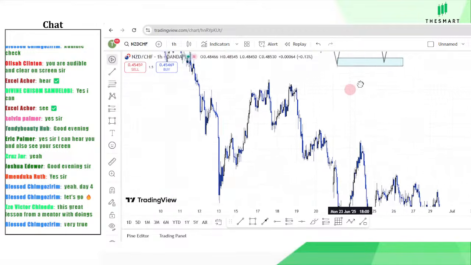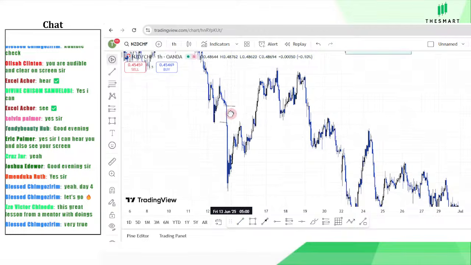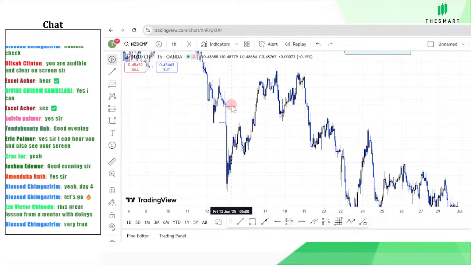Let me show you a clear example of what we mean by fair value gap. If you look at this point and this point here, this gap between these candles is what we call a fair value gap.